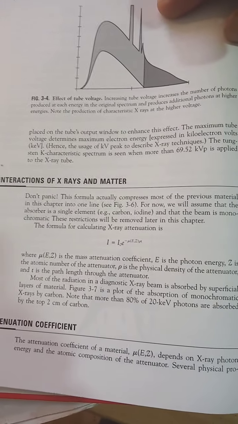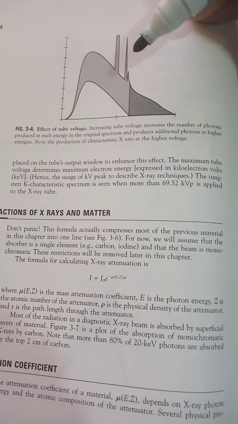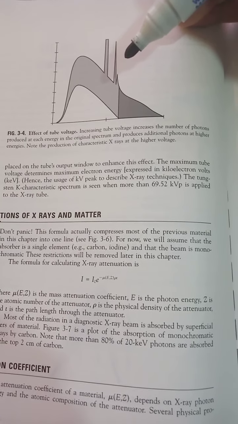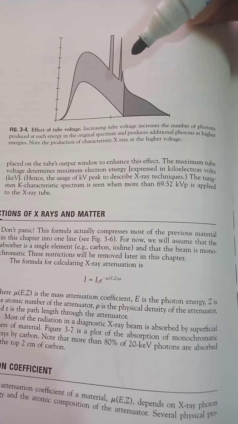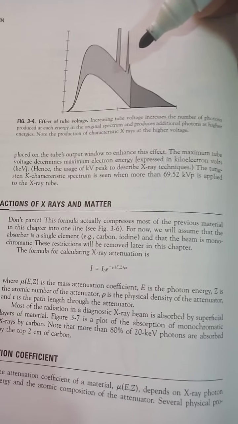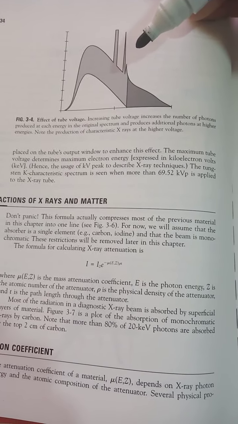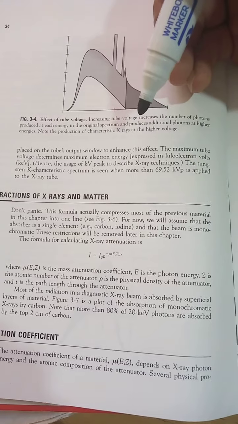This graph contains the Bremsstrahlung phenomena as well, and the characteristic radiation, but I wouldn't want to go into that right now. Increasing the voltage increases the number of photons produced at each energy in the original spectrum and produces additional photons at higher energies, and it produces characteristic X-rays at a higher voltage as well. The tube's output window is then modulated to enhance this effect.